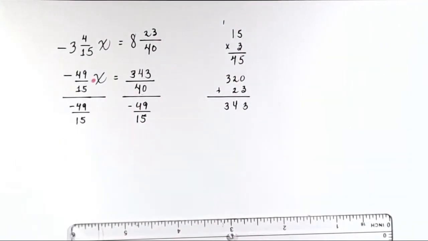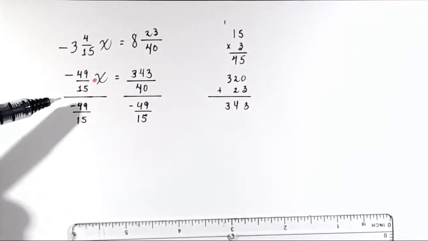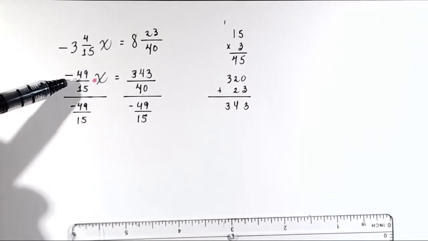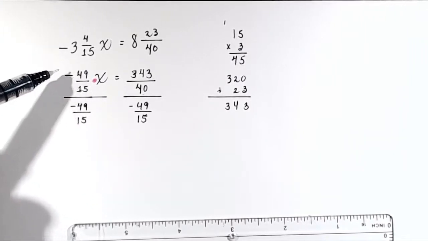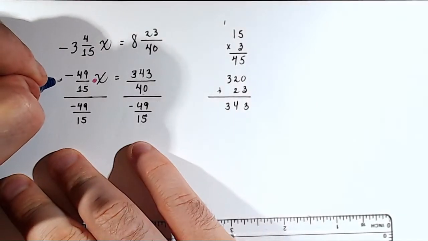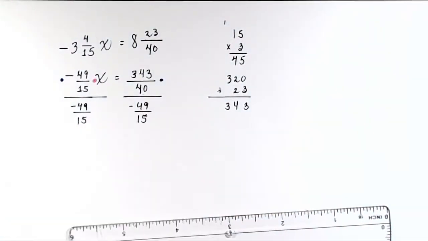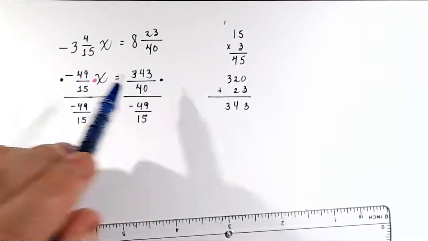But this isn't very helpful, right? Because this just looks like a huge mess. So what we do is we flip negative 49 over 15 to negative 15 over 49. And we multiply that reciprocal fraction by the original fraction. So we're going to put a multiplication symbol here and a multiplication symbol here, because what we do on the left, we must do on the right.